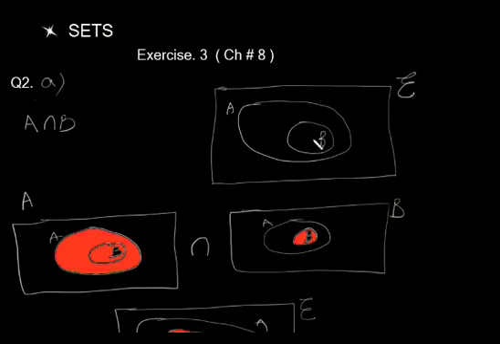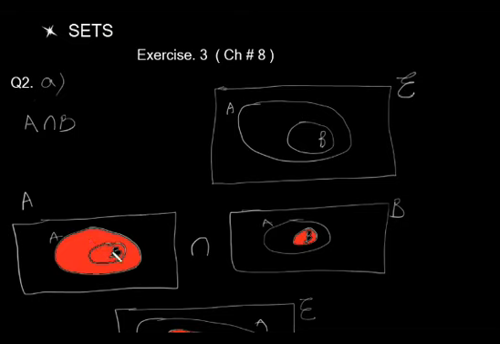The only difference is that the B set lies inside of A, which means that all the elements of B are inside of A, right? So in part A, it says to shade A intersection B in this diagram. First of all, if you shade only the set A, this is the A set.